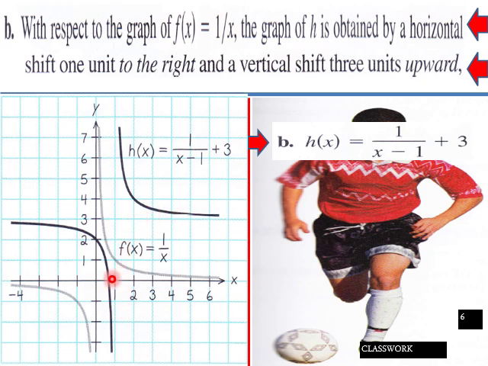And then we shift to the right 1 unit. So here is our vertical asymptote at x equals 1. That's our vertical asymptote. So 1 unit to the right and vertical shift 3 units upwards here. So y equals 3 is your horizontal asymptote.